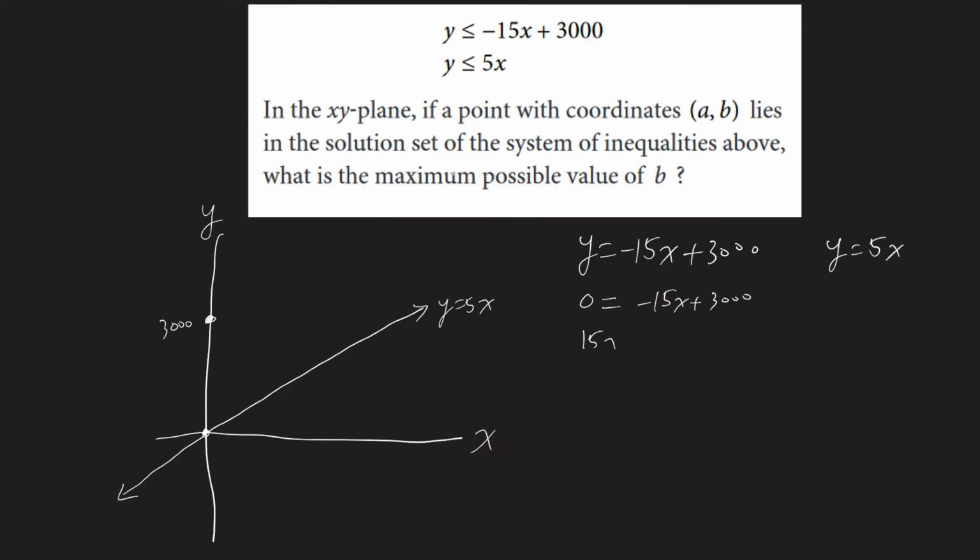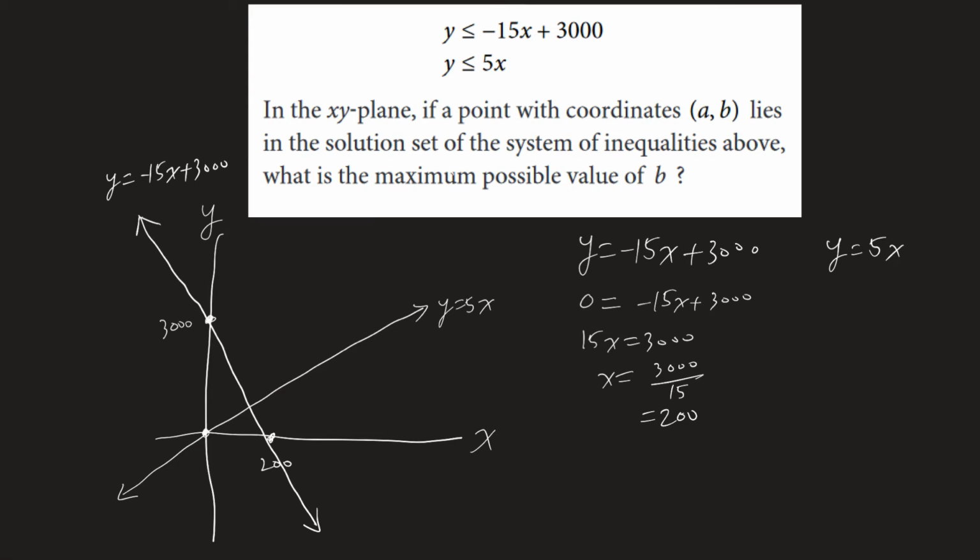In this case, 15x is equal to 3,000, so x is equal to 3,000 over 15, which is 200. So the x-intercept would lie around here. My graph isn't really drawn to scale, but you get the point. And this line is y equals negative 15x plus 3,000.